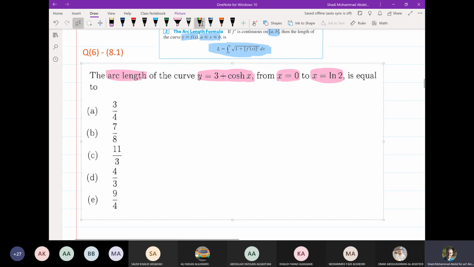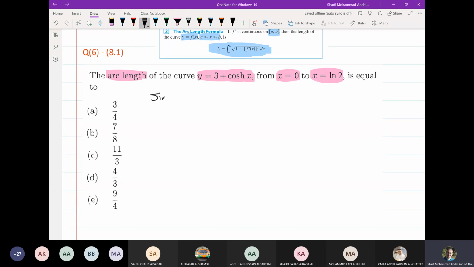Take 2-3 minutes to solve it. Doctor, you only mentioned the value of sinh, e to the power something minus something plus e to the power of something. Okay, sine hyperbolic and cosine hyperbolic. Let me try to remember it.